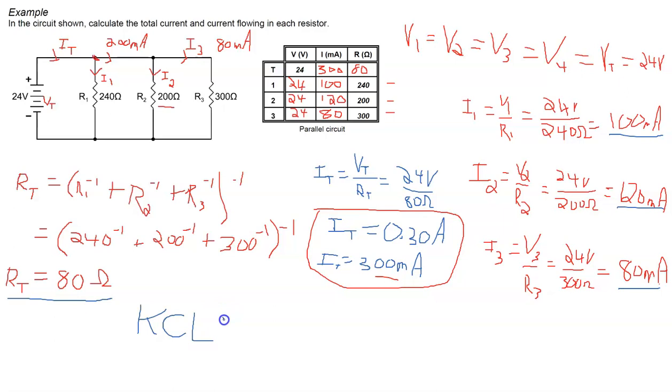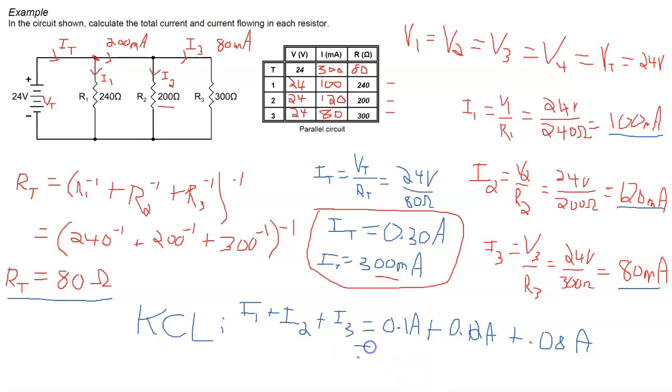And so KCL tells us that I1 plus I2 plus I3 is equal to 0.1 amps or 100 milliamps plus 0.12 amps or 120 milliamps plus 0.08 amps or 80 milliamps, and that sum now is equal to 0.3 amps, which of course is 300 milliamps.